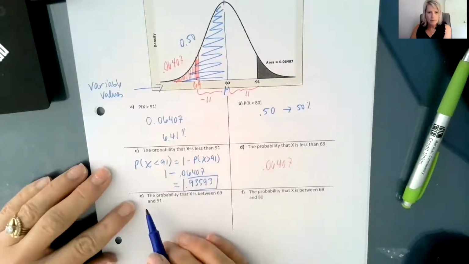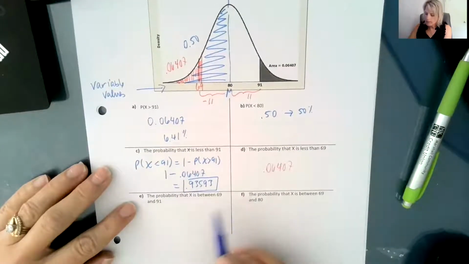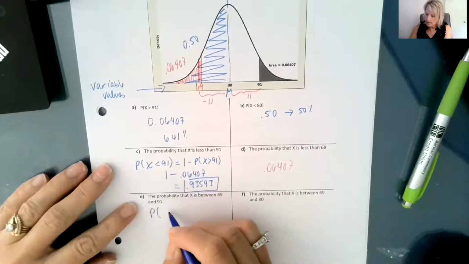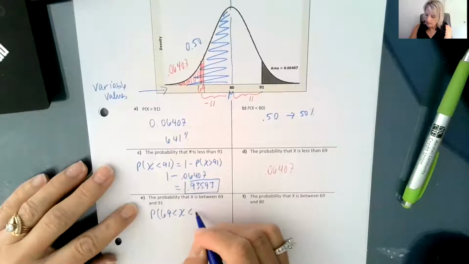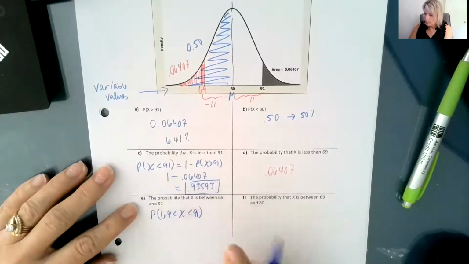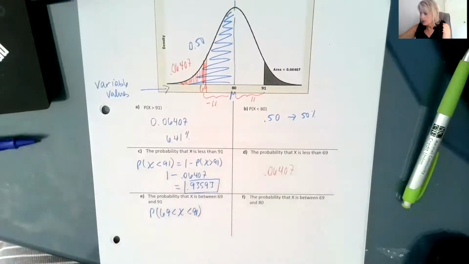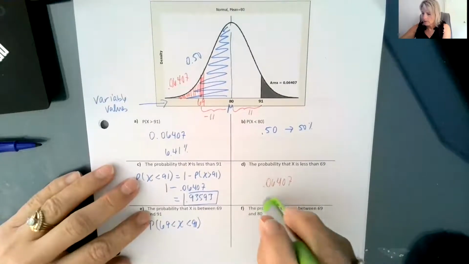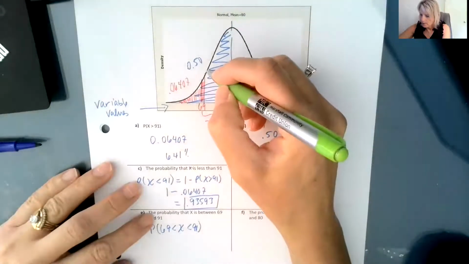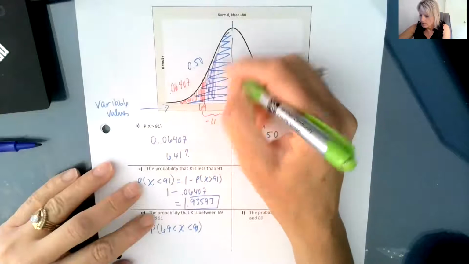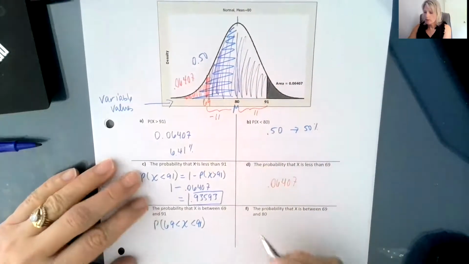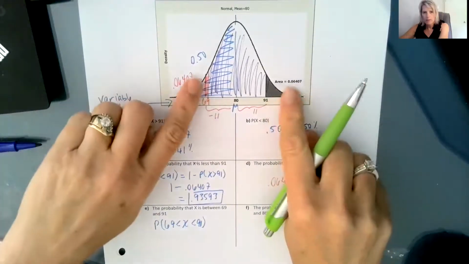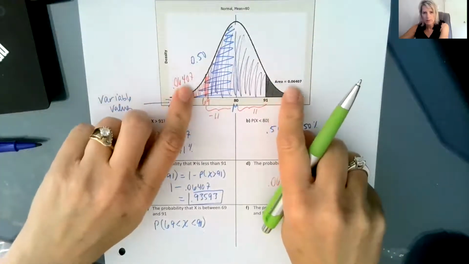E says the probability that X is between 69 and 91. So symbolically, that looks like this. It's between 69 and 91. So between 69 and 91, I'm going to use my pen in this one. That would be all of this between 69 and 91. So we could subtract 2 of this space right here, right, from 1.